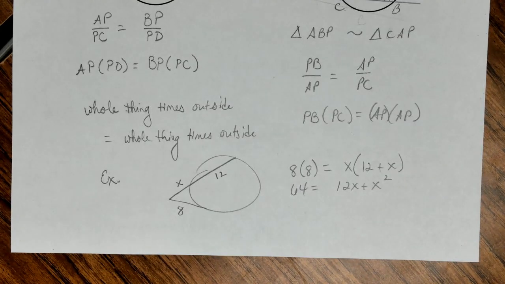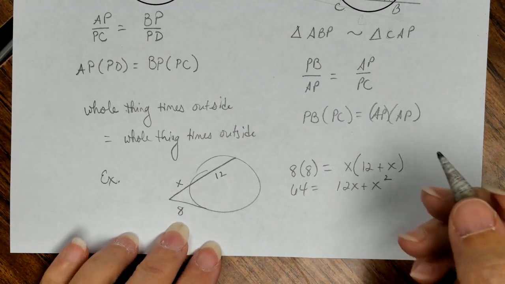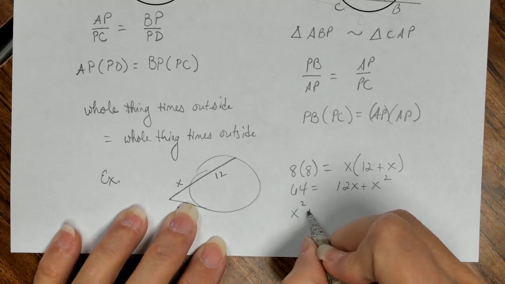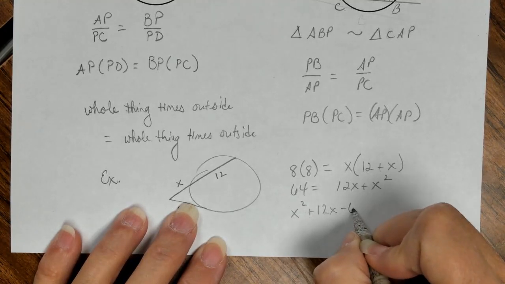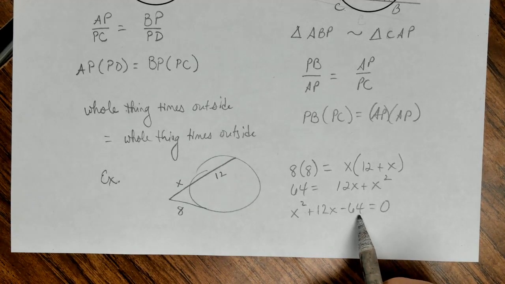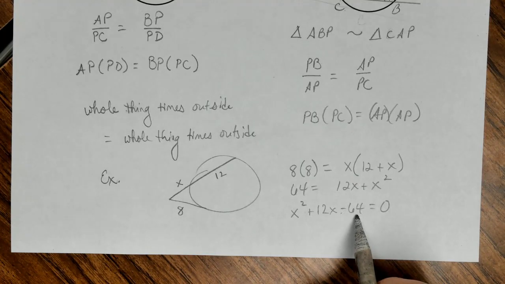I see an x squared. We could do completing the square. We could do the quadratic formula. I like to see if the thing's going to factor. Let's see. x squared plus 12x minus 64 equals 0. I would need factors of 64 that you subtract to get 12. Well, 8 times 8 won't work, but 4 times 16 would.